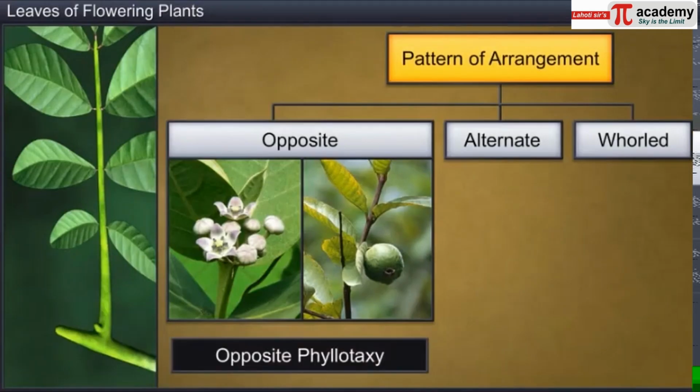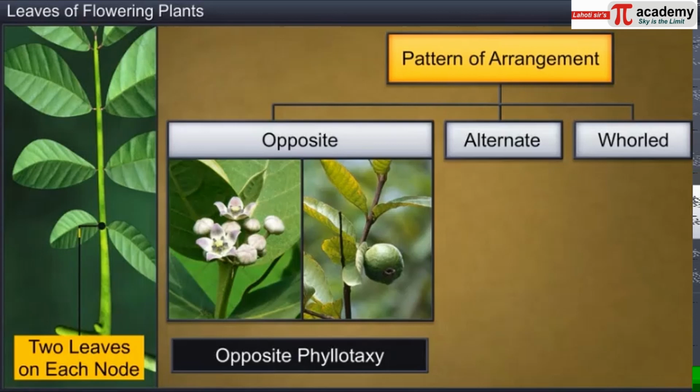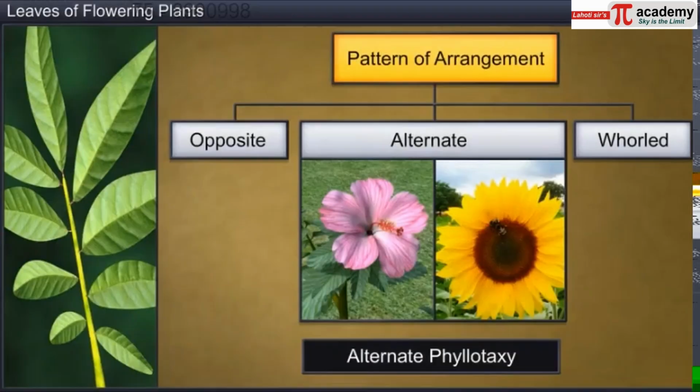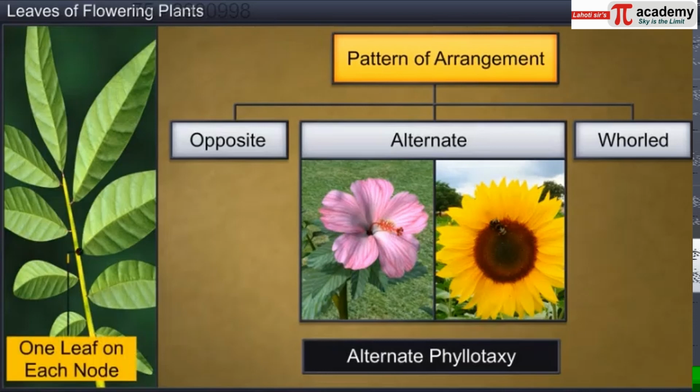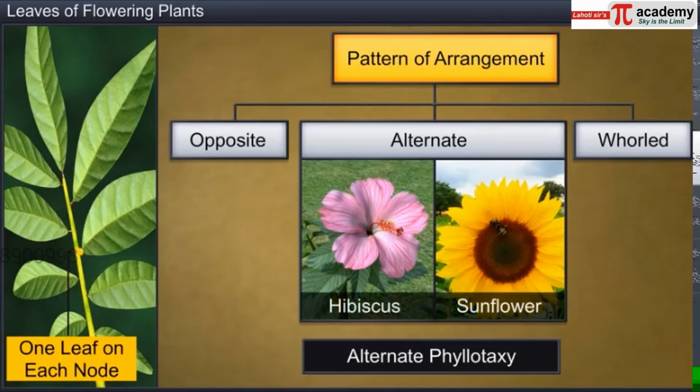In opposite phyllotaxy, there are two leaves on one node arranged opposite to each other, as in Calotropis and Guava. In alternate phyllotaxy, only one leaf arises at each node, and the leaf at the next node is in the opposite direction. Alternate phyllotaxy is seen in plants like hibiscus and sunflower.